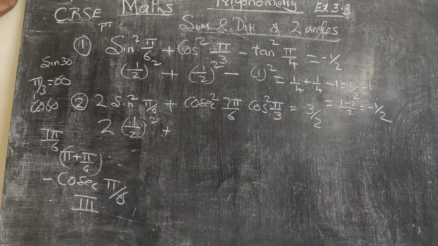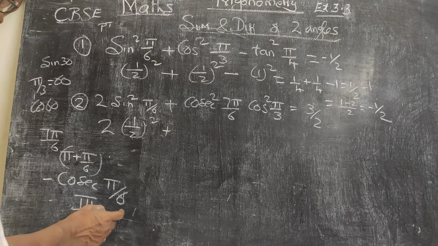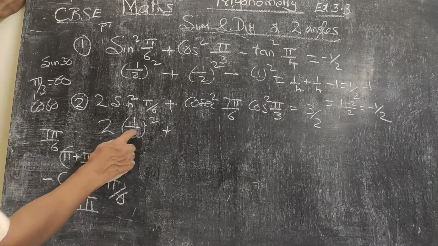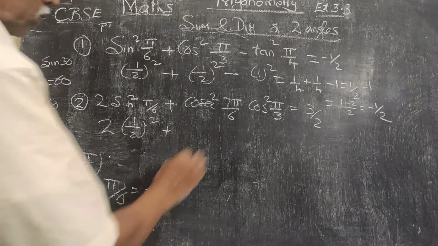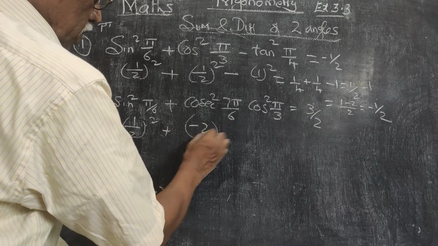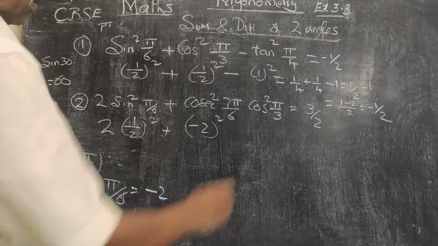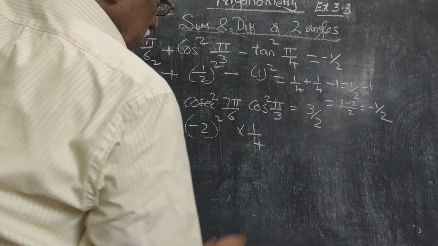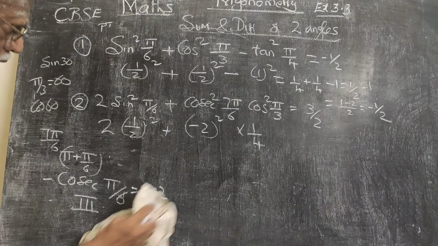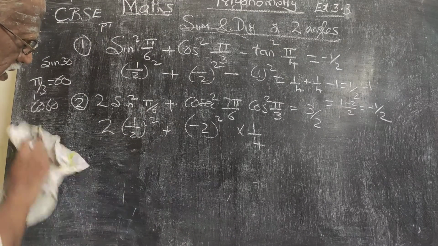So sin pi by 6, sin 30 is 1 by 2, therefore this is equal to minus 2. So this is minus 2 the whole square. Cos pi by 3, just now we got it, so that is 1 by 2 the whole square, that is 1 by 4.